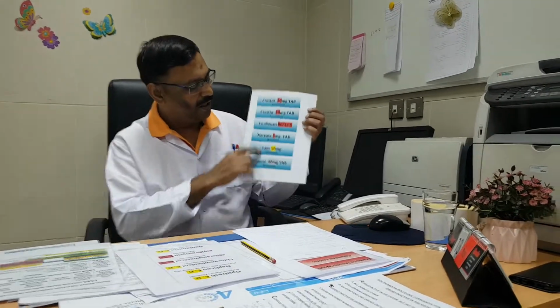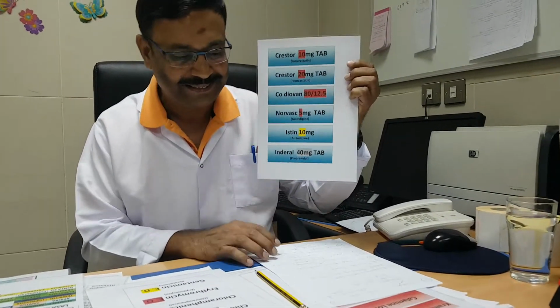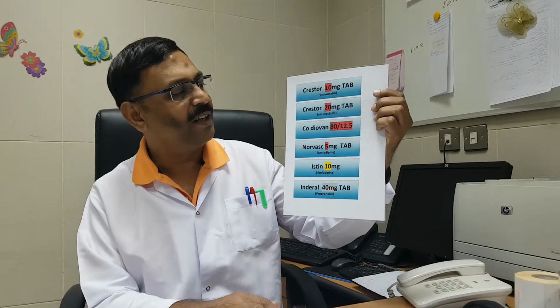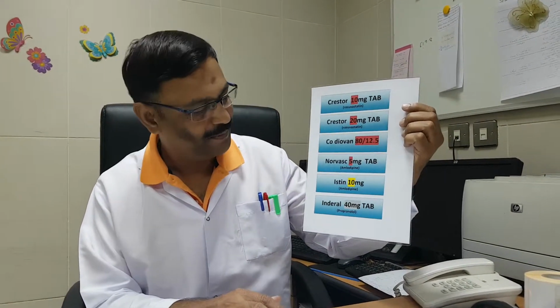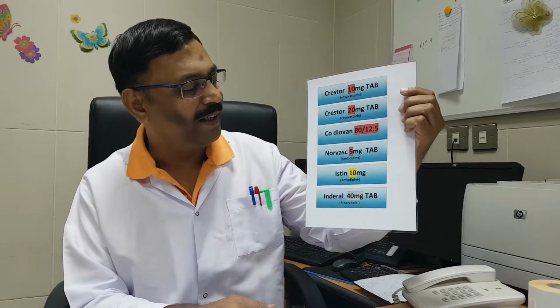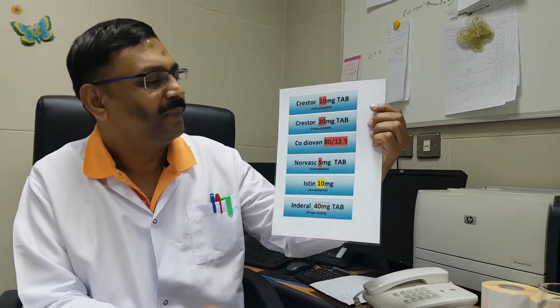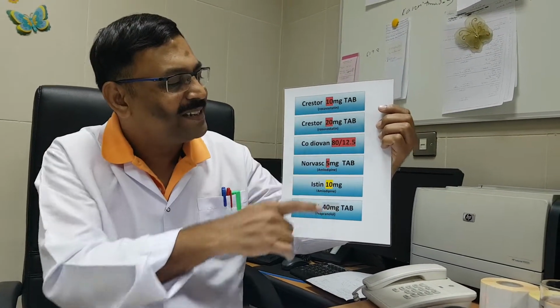Storage: in the storage, you use color code labels. See here, the drugs are in blue color. These medicines are used for chronic diseases, to lower the cholesterol level, or antihypertensive agents. Here there are different strengths.